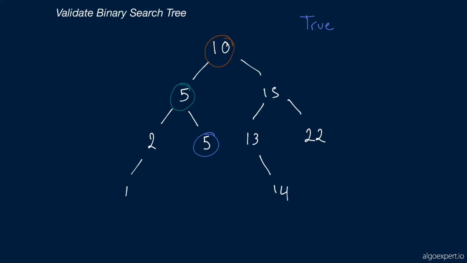So the maximum value of our purple node here has to be less than 10. So we can say that the value of the purple node has to be strictly less than 10, and it has to be greater than or equal to 5.